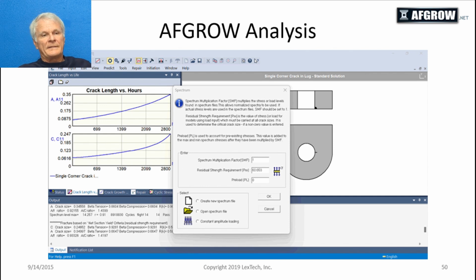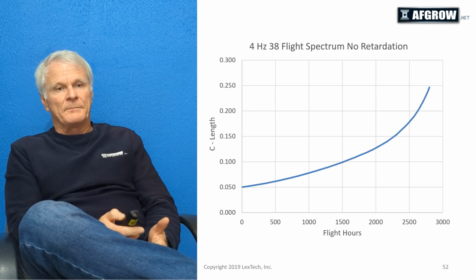Now we take that information, put it into AFGROW, and we'll use the lug model, and then we'll set the spectrum multiplication factor to 1, because we actually have the actual bearing loads in the spectrum. And then you'll see the residual strength requirement that we talked about earlier, that sets the bearing stress that has to be carried at all times, and then do the life prediction.